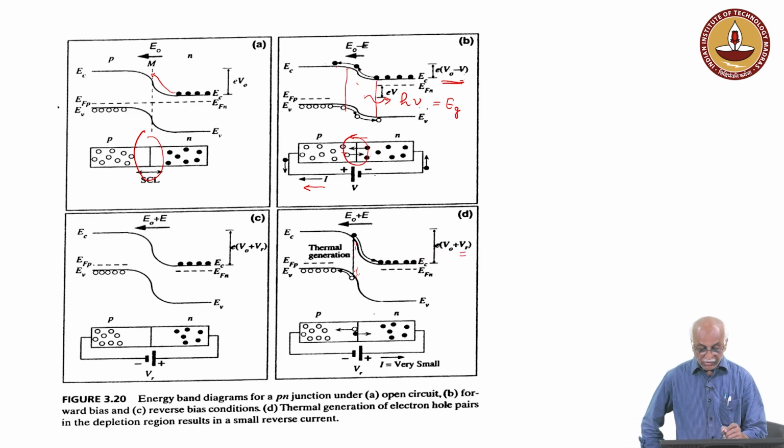This is when we are already applying reverse bias, and due to the thermal effect there will be a small reverse current generated.